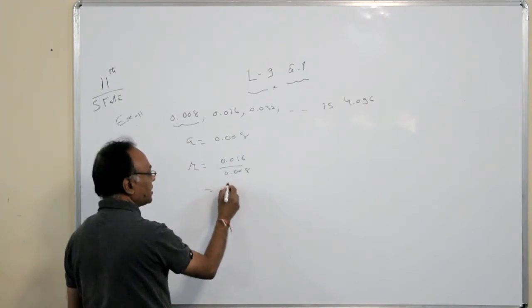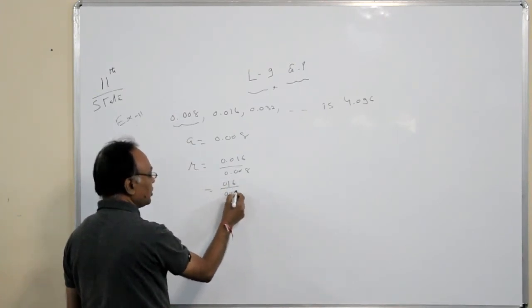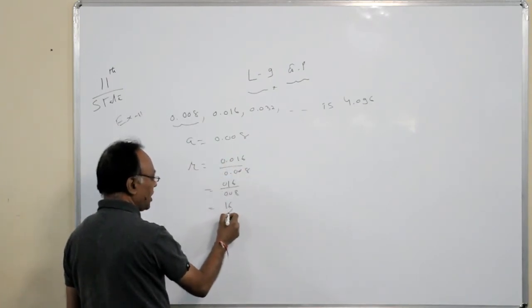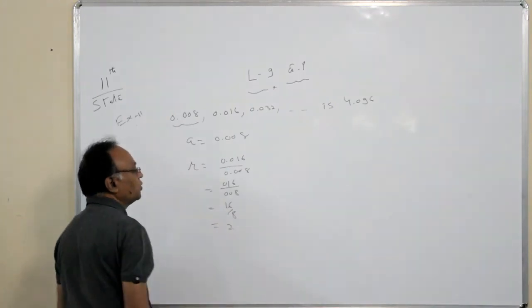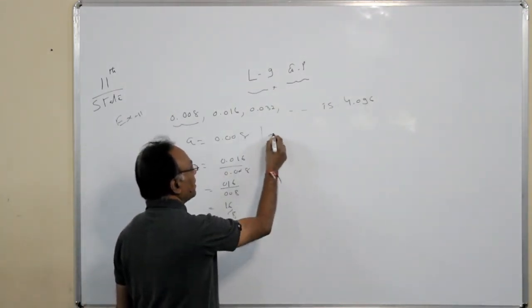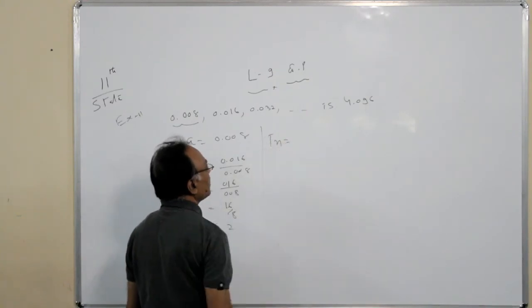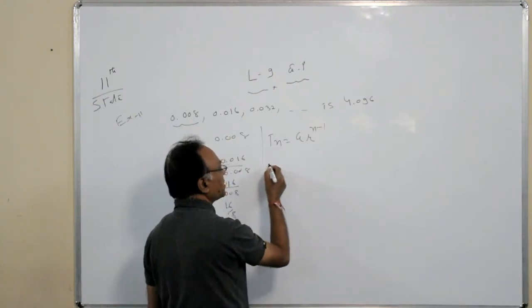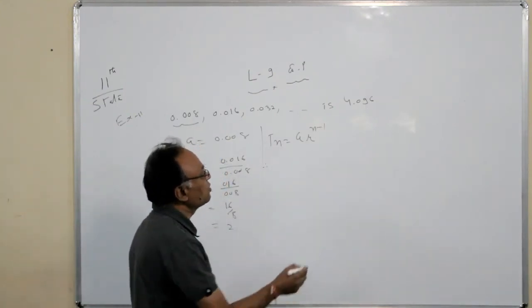Here there are 3 decimal places and here also 3 decimal places, so they cancel out. So 16 upon 8 is 2. We want to find out the n. So Tn is equal to A r raised to n minus 1.